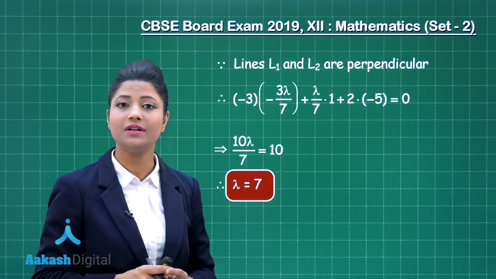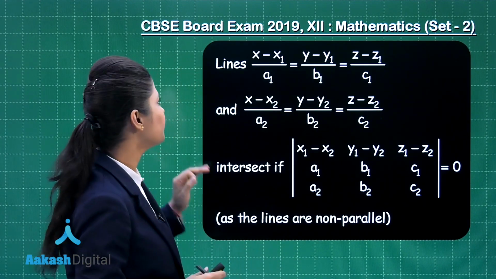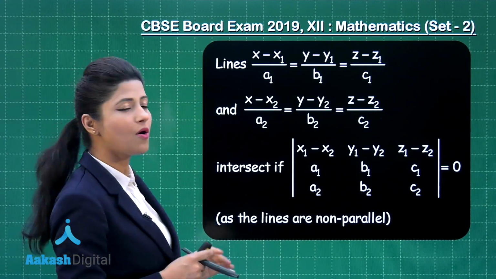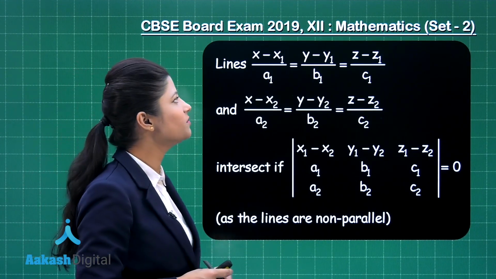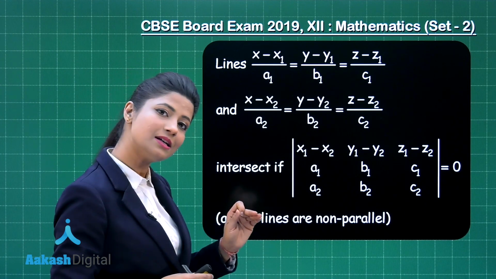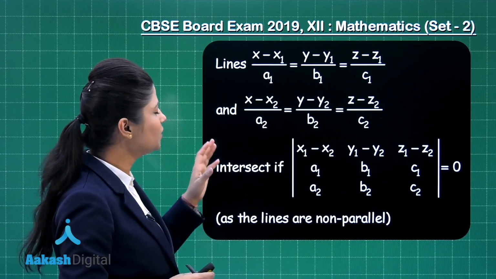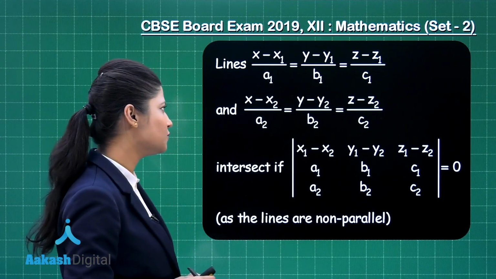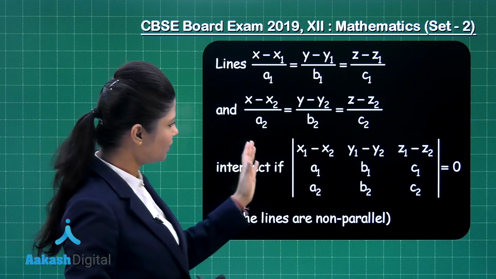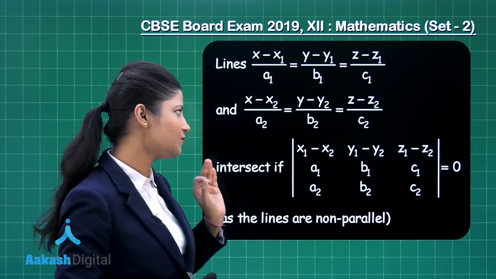Now let's check whether the two given lines intersect or not. What is the condition for that? For lines in the form (x minus x1) upon a1 equal to (y minus y1) upon b1, which is further equal to (z minus z1) upon c1, and (x minus x2) upon a2 equal to (y minus y2) upon b2 equal to (z minus z2) upon c2, they intersect if you get the value of this determinant equal to 0, considering that the two lines are non-parallel.